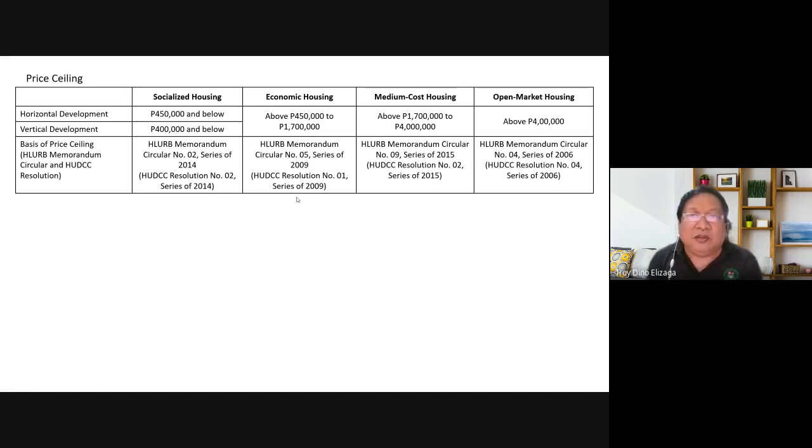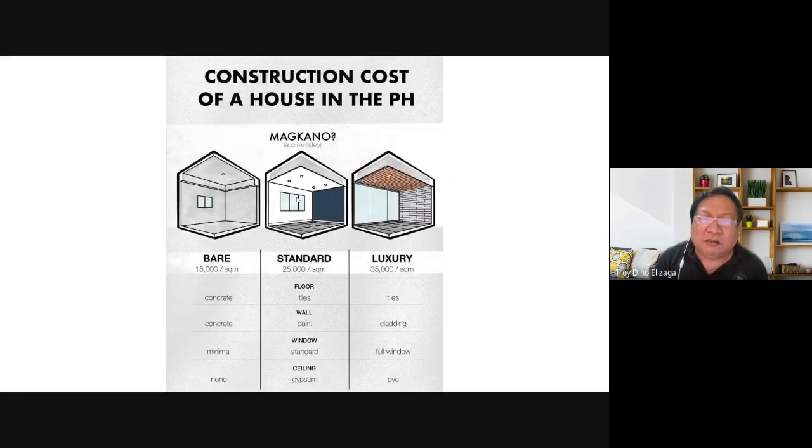Okay, so how would you know that the house you're designing would actually cost so much? In Facebook, I was able to get this. In Facebook, there are a lot of people who are so restless. They wanted to share information, even if it's pro bono. But then it also benefits us.